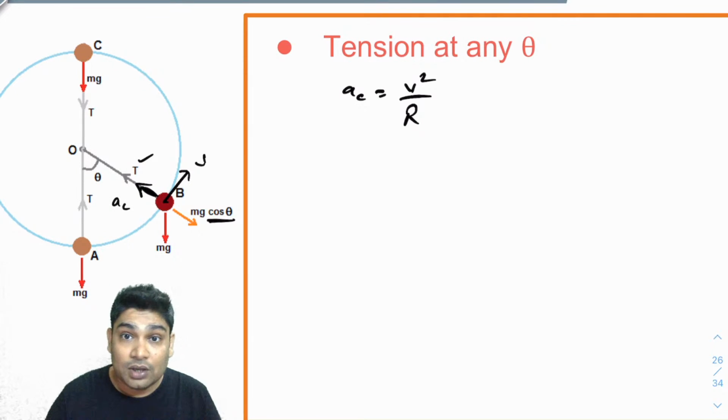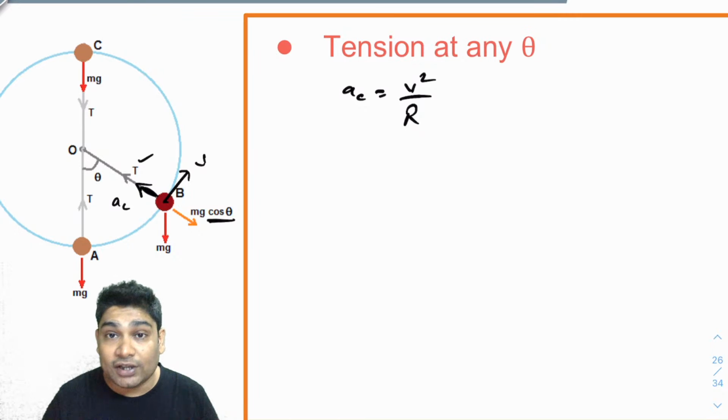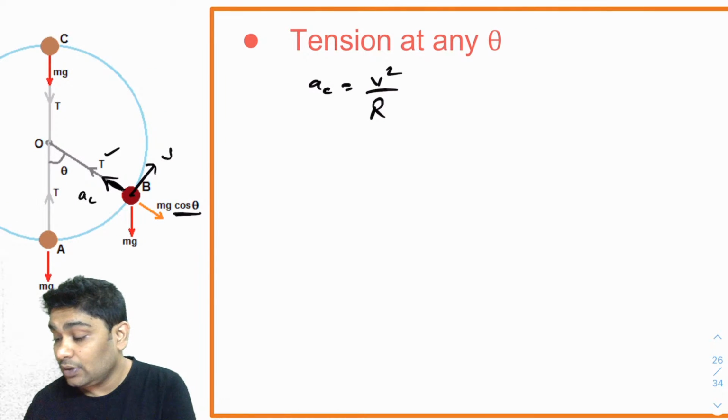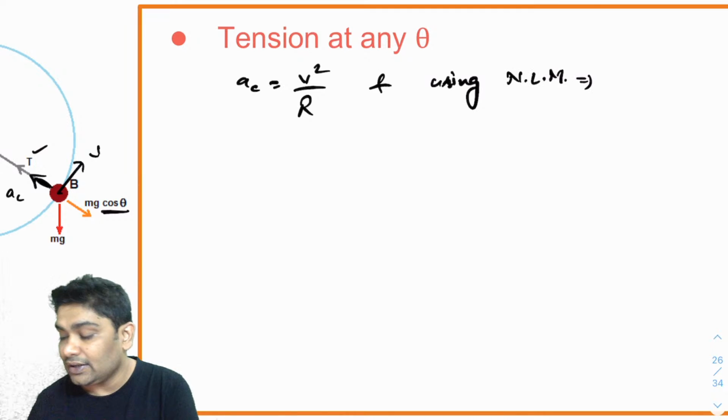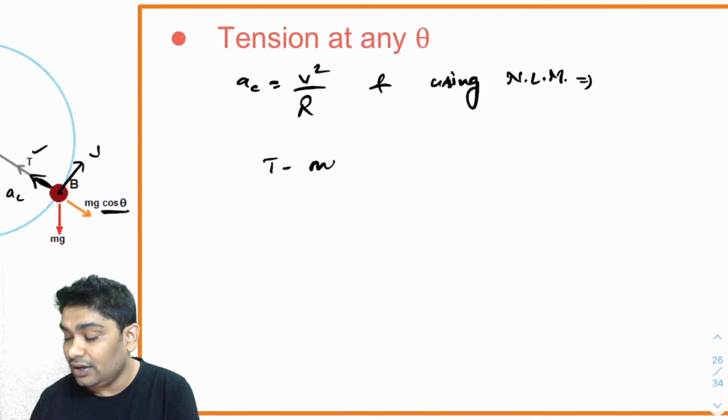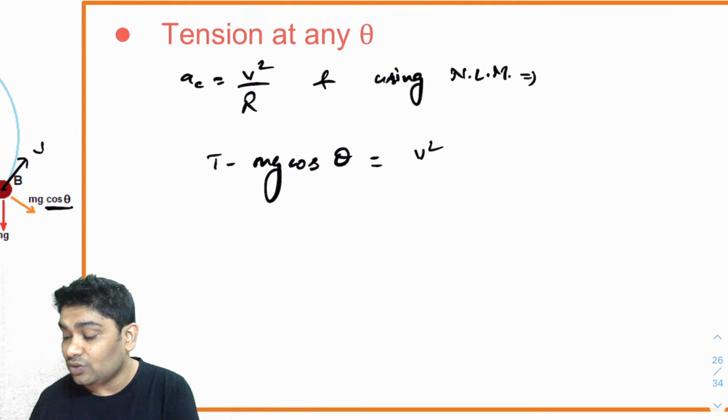I can see the forces in this direction, and using Newton's laws, I can say T minus mg cos theta should be equal to m v square over r.